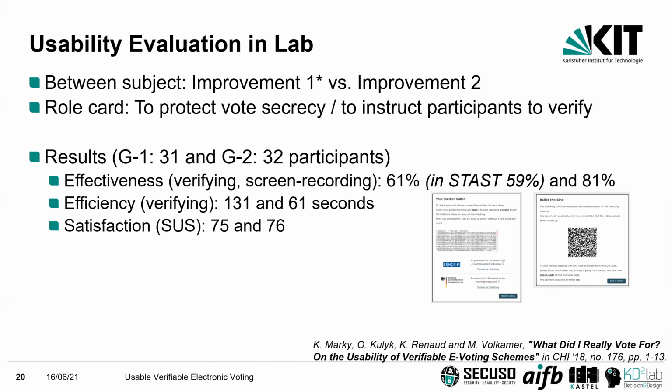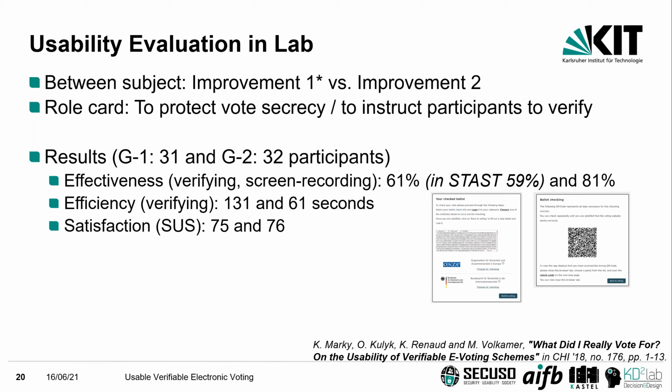So coming to the results, this time we didn't have half of the participants having a technical background, but still the number of those who, based on the screen recording, at least went through all the steps to verify is similar to before, being 61%, and with the improvement, 81%.